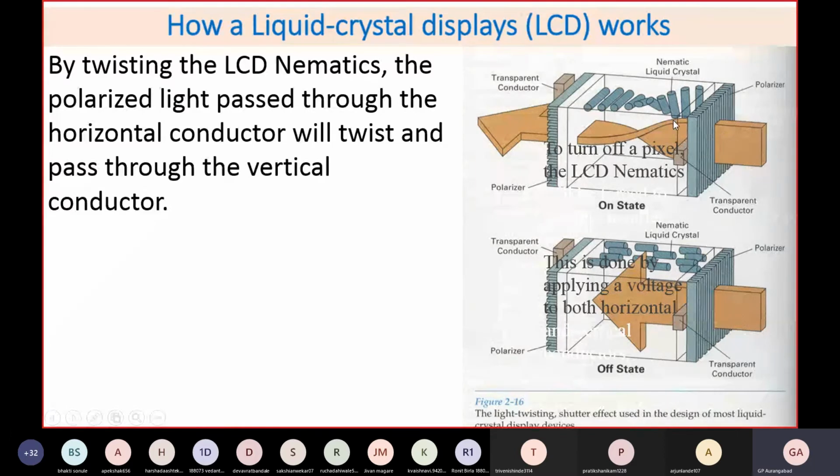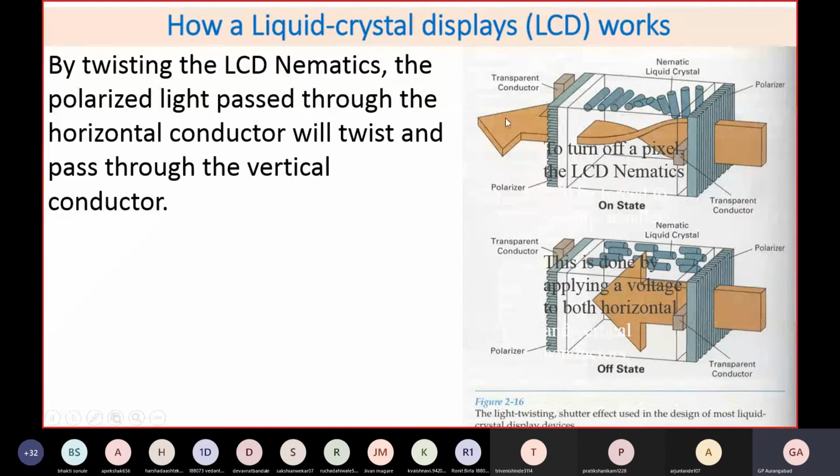So the vertical light gets twisted by 90 degrees, its angle is shifted by 90 degrees. Because of this, the vertical becomes horizontal, and when it comes through the horizontal filter, the light comes out as it is without any blockage.